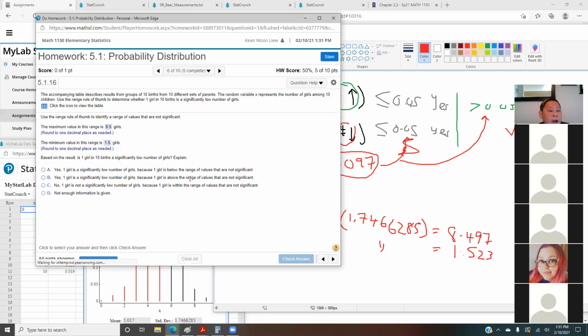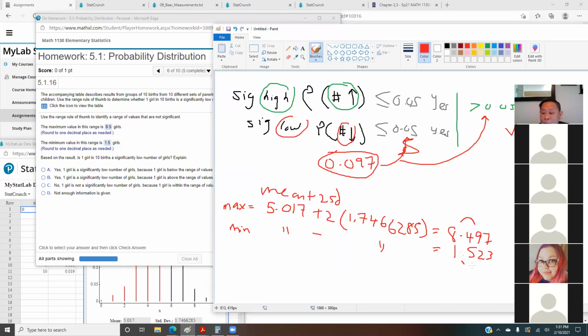Okay, good. And now they're asking, based on the result, is 1 girl in 10 births significantly low? That means that if your number of girls is between these two numbers, it is not significant. If your number is less than this, it is significantly low. And if you have a number higher than that, it's significantly high. So they're asking for 1 girl. Can someone tell me, is this number 1 inside or outside the range?